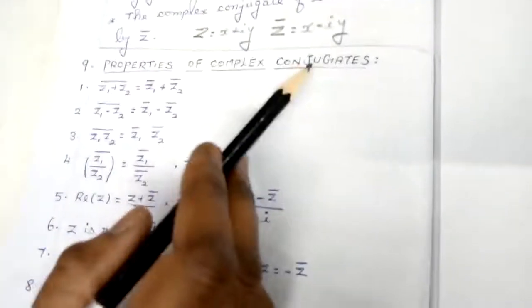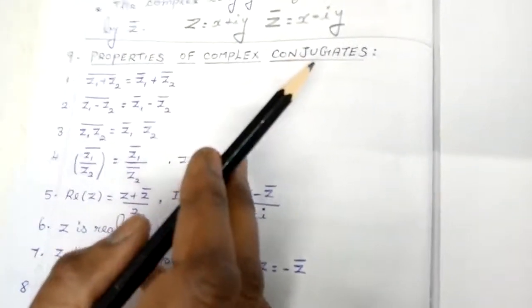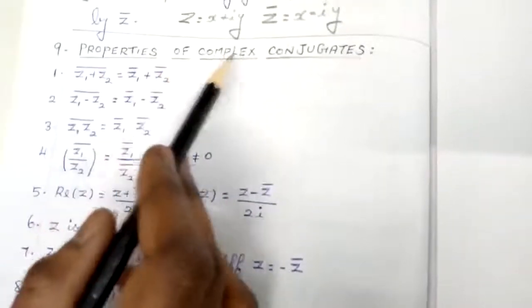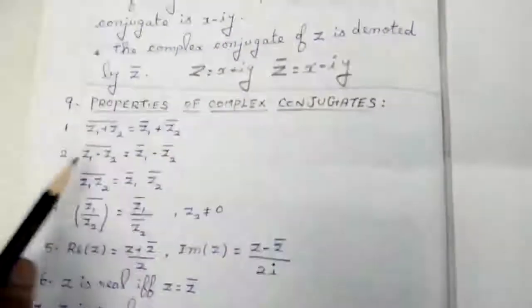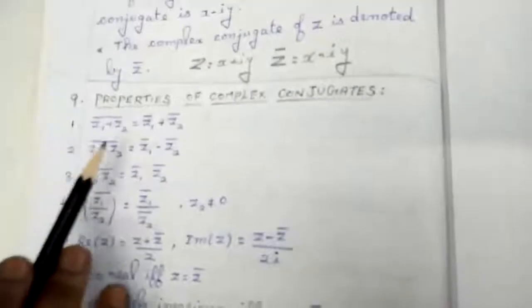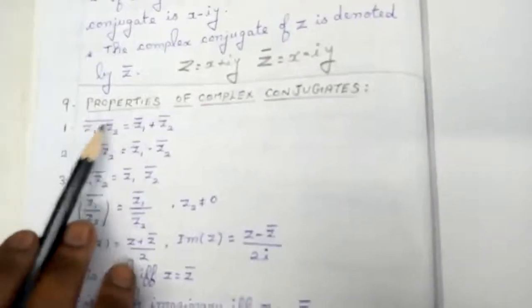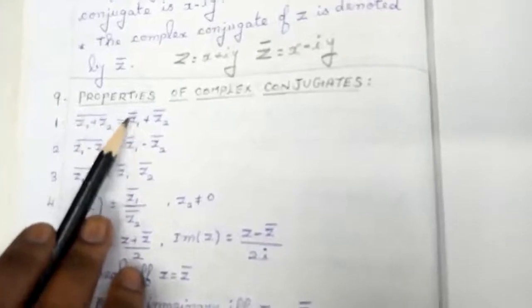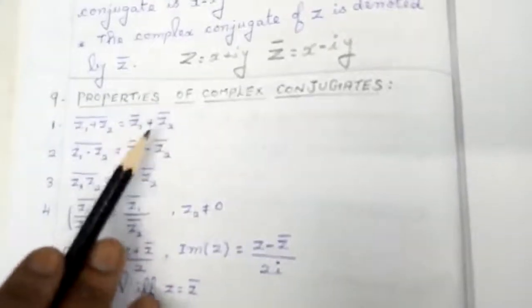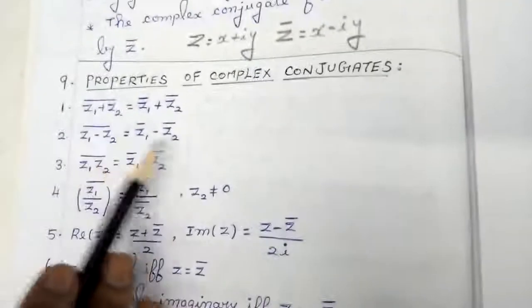Next, coming to the properties of the complex conjugate. This is a very important concept here, students. Properties of complex conjugates. The first property here is z1 plus z2 the whole bar is equal to z1 bar plus z2 bar. We can split it separately. For negative also we can split it.